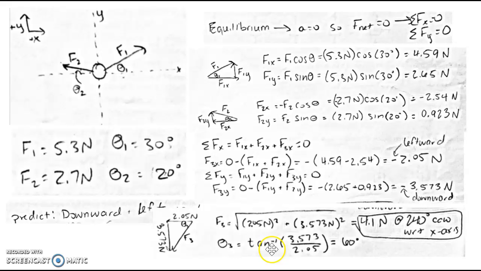Using inverse tangent of the ratio of the legs gives us an angle of 60 degrees. For consistency, since the problem gives all our angles from the horizontal axis, I added that 60 degrees to 180 degrees to get 240 degrees counterclockwise with respect to the x-axis.